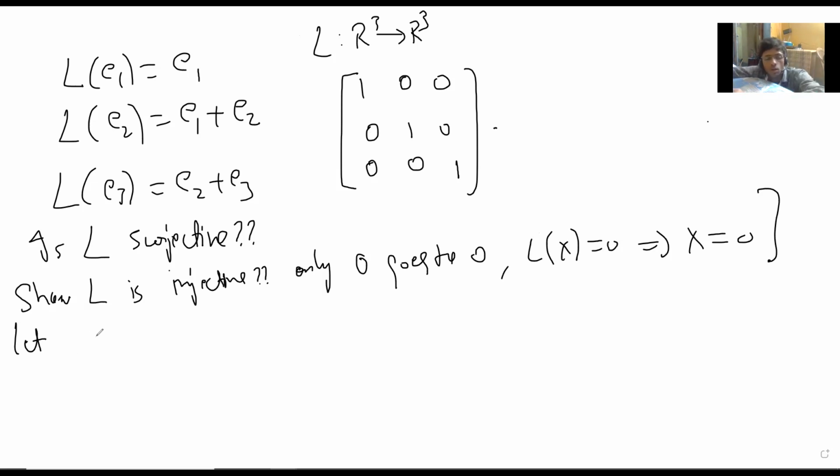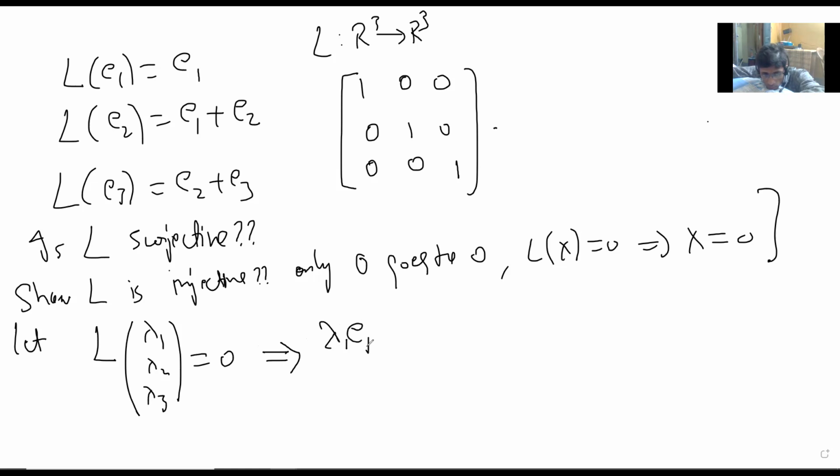Okay. So let L times (lambda 1, lambda 2, lambda 3) go to 0. Yes, so this is what we should explain.